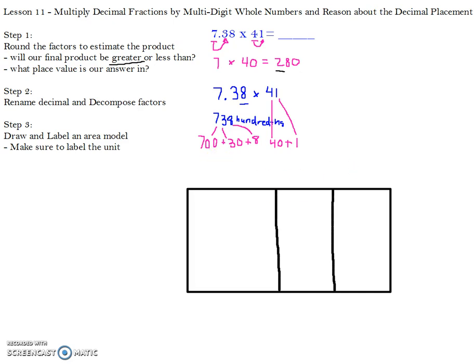And then I will label them up top. So we have 700, 30, and 8.